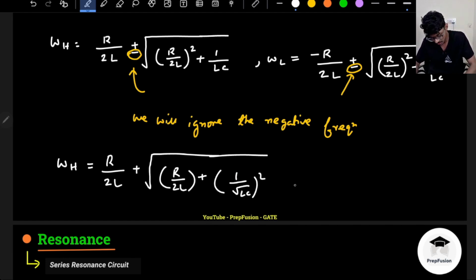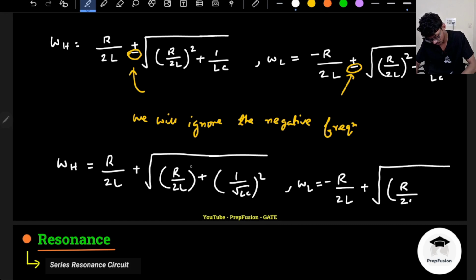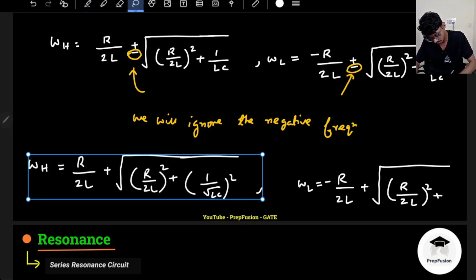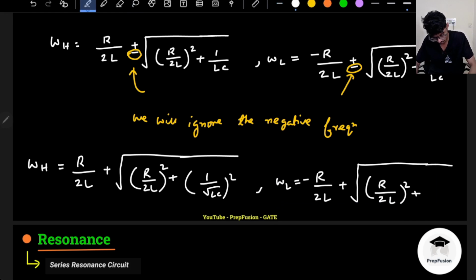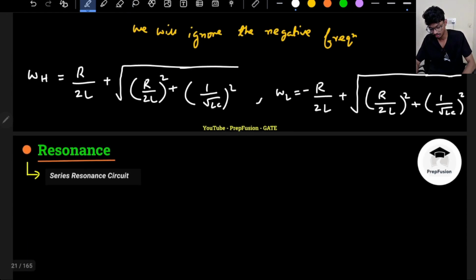Omega L is minus R by 2L plus the square root of (R by 2L) whole square plus 1 by square root of LC whole square.